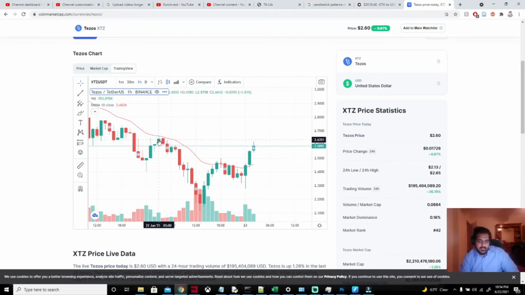It seems to have a tweezer top where you have it go green and then it goes red, and you see the tweezer tops on the bottom. That means it was trying to push that, it went down, and then you see enough indication here. This isn't a bullish engulfment because this green candle was not greater than the red candle.